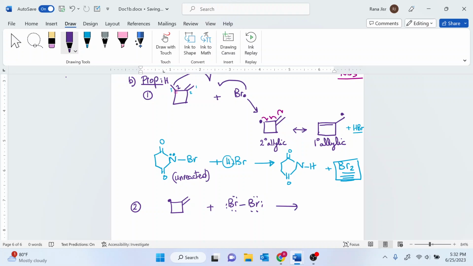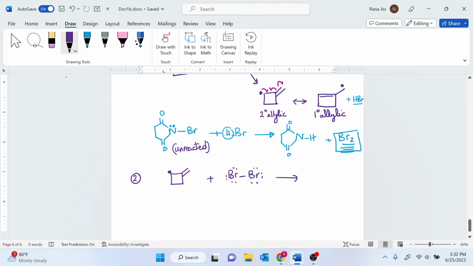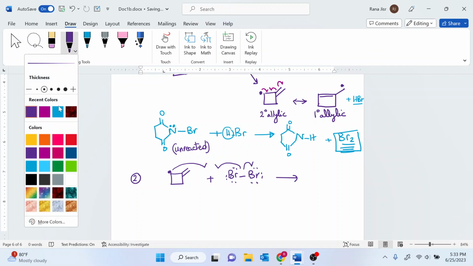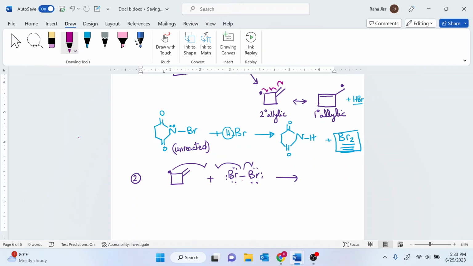And here always you have to consider stereochemistry. Remember, if you are generating a chiral center, please consider stereochemistry. So here I am generating a chiral center. So the free radical in there is going to come, it's going to react with the bromine, and then I'm going to generate a bromine free radical in there. The attack can be either from the top or it can be from the bottom.